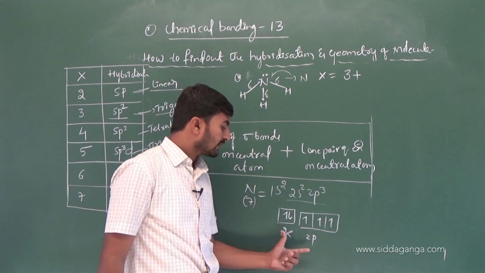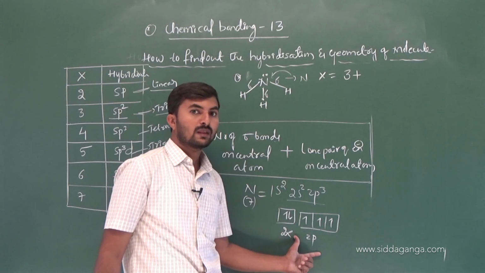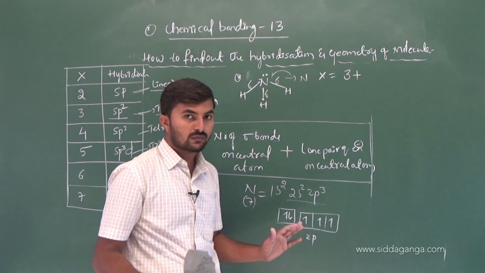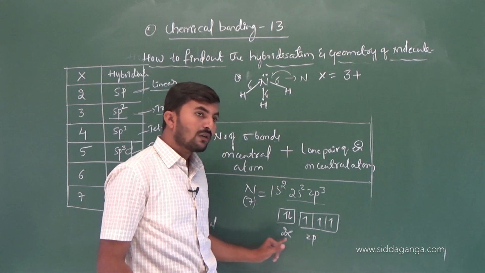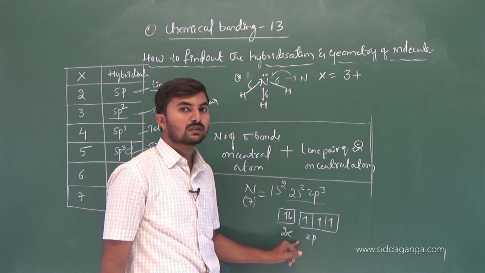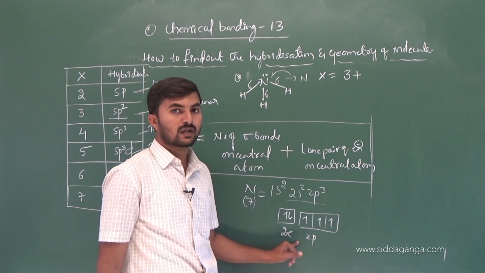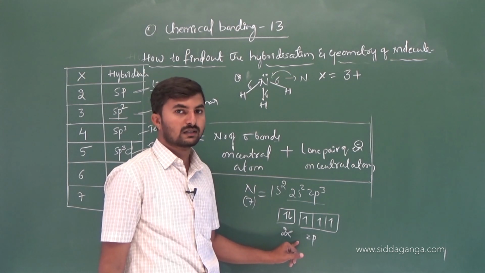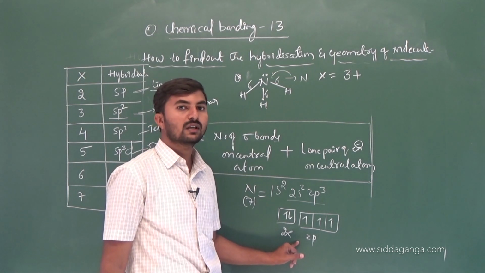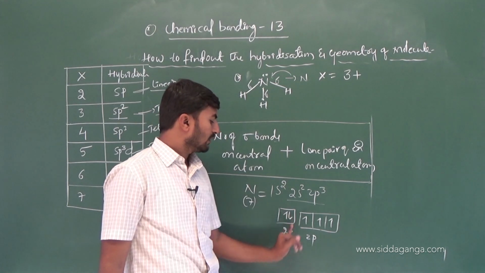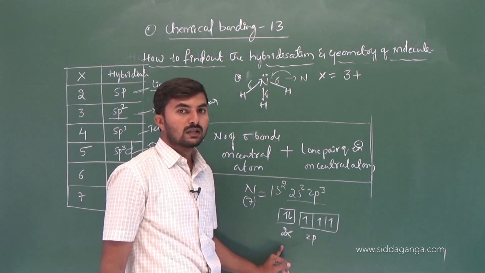A pair of electrons present in the valence shell which remains unchanged and is not involved in the chemical bond formation, we call lone pairs, or non-bonded electrons.